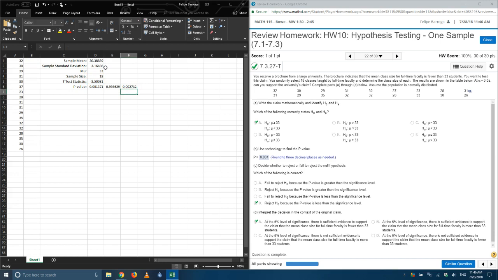There we go. So that will be the two-tailed probability.